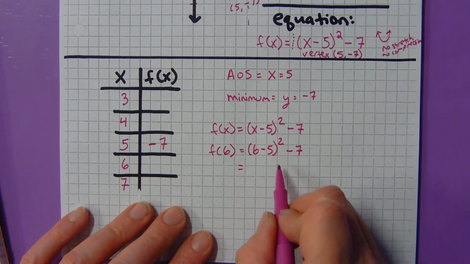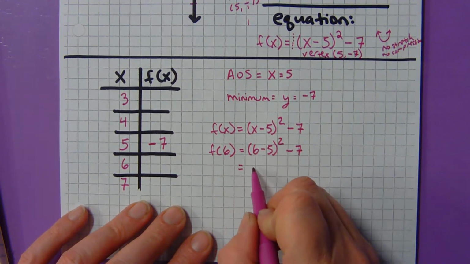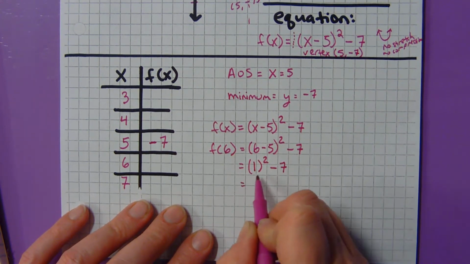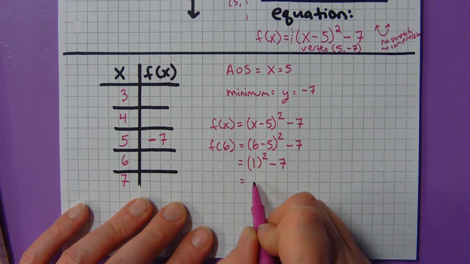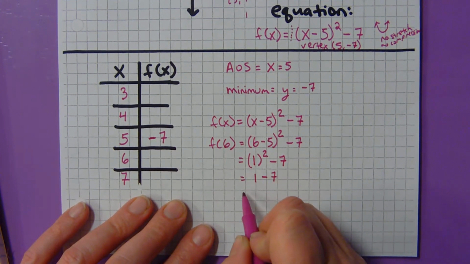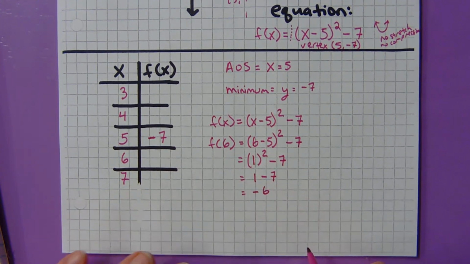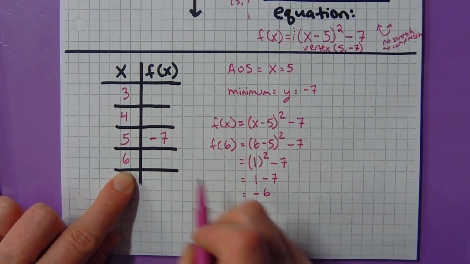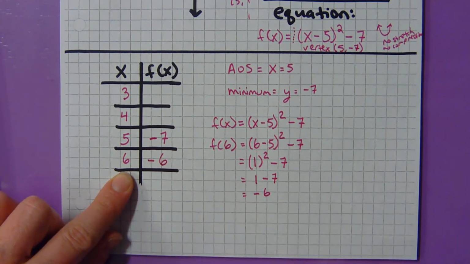Now order of operations: 6 minus 5 is 1, squared is just 1, minus 7 gives me -6. So when I have 6 as my x, I get out -6 for my f of x.